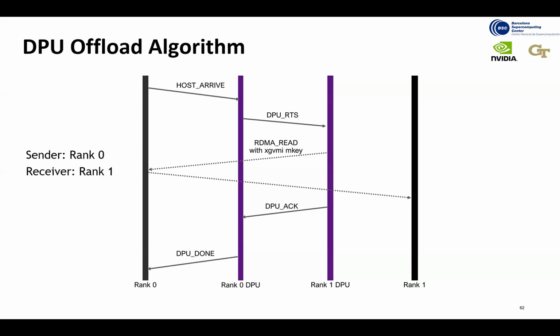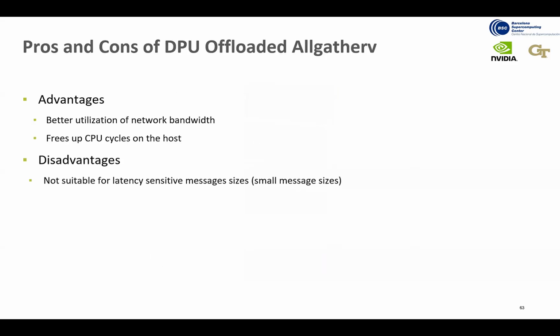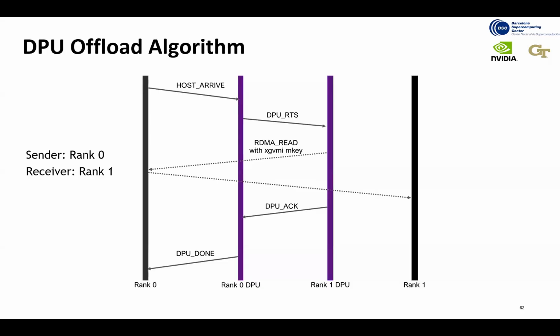The service process will send a message to the other service processes running either on the same DPU or the remote DPUs to say that it's ready to send for that specific rank. When the remote process receives that message, it will trigger an RDMA read using cross-GVMI to move the data.